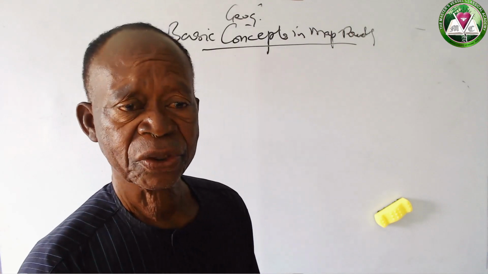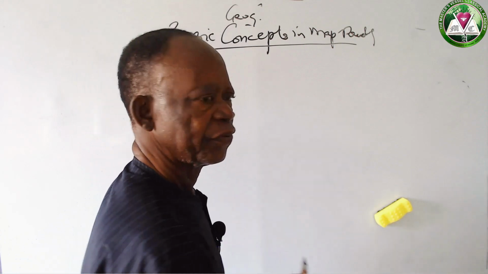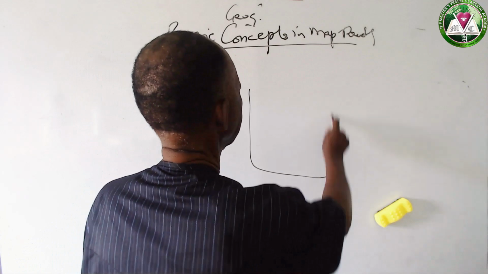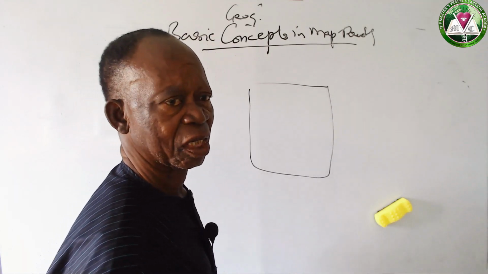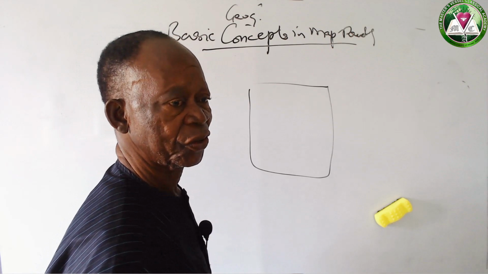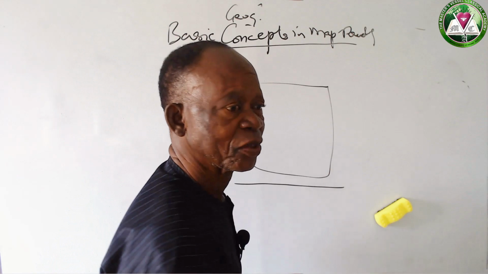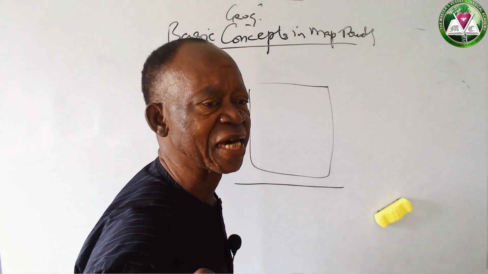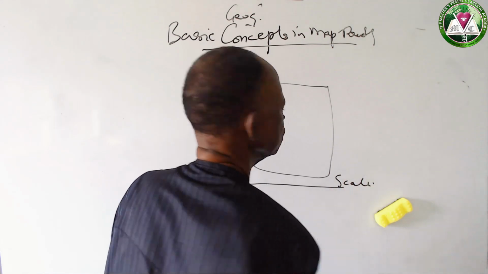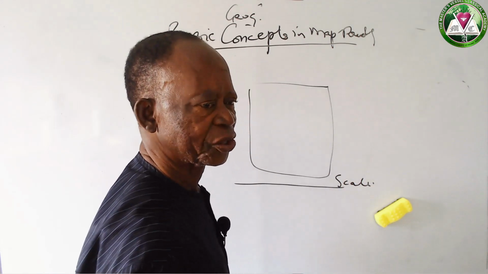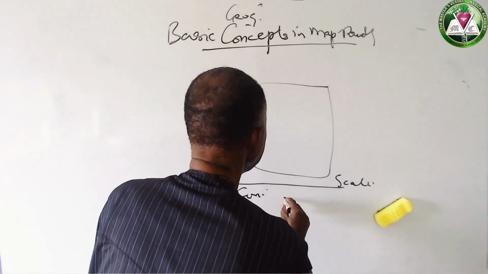For example, if in a map something is represented by that square, and the conventional sign, first of all see the scale, which we shall touch briefly, then the conventional signs.